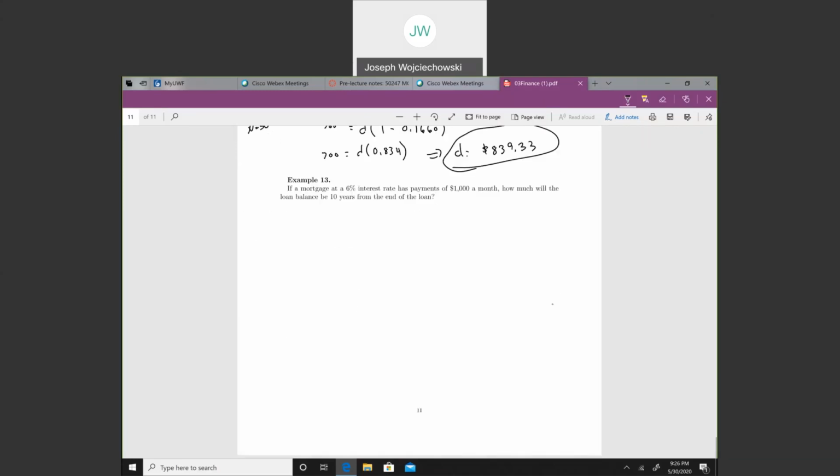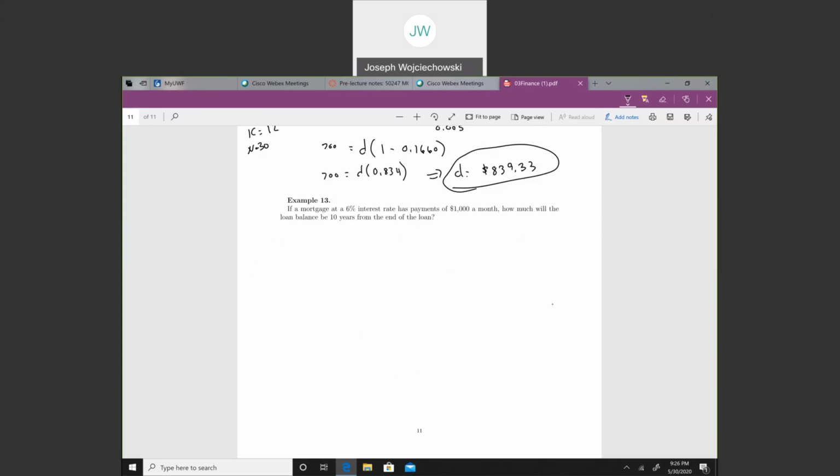Okay, the last one. If a mortgage at a 6% interest rate has payments of 1,000, D is 1,000, R is 6%, or 0.06. How much will the loan balance be 10 years from the end of the loan? K is 12, and N is 10 years. So we're looking for the balance or the principal with 10 years left.